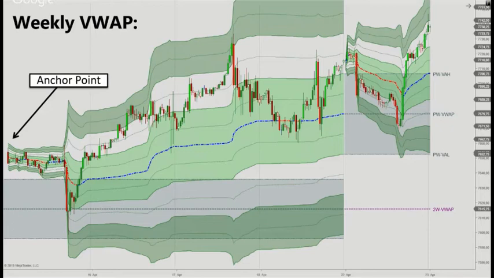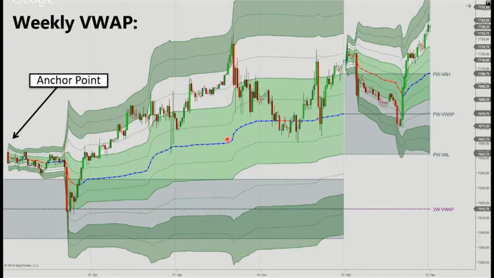And we see here that the overnight dipped right below the prior week's VWAP and then shot back up over the weekly value area high. Coincidentally, this is exactly what happened last Monday too. So here, a quick dip below the prior week's VWAP and then shooting up above the value area high.